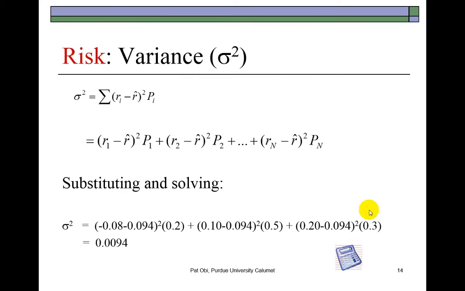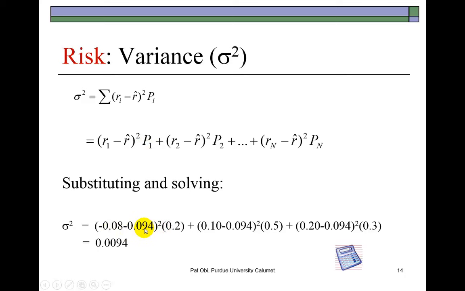For risk, variance. This is the variance of a probability distribution. Here, with a probability distribution, remember, you do not divide by n minus 1. Rather, for each of the squared deviations, subtracting the mean from each possible return and squaring it, you multiply it by the corresponding probability, and that's what I've done here.